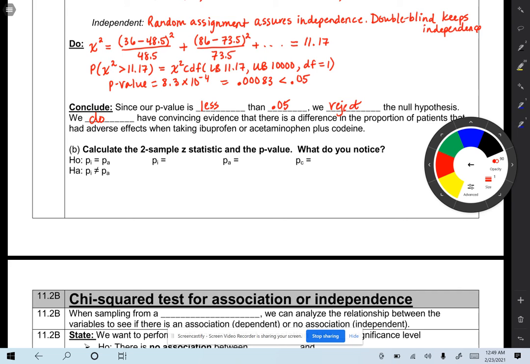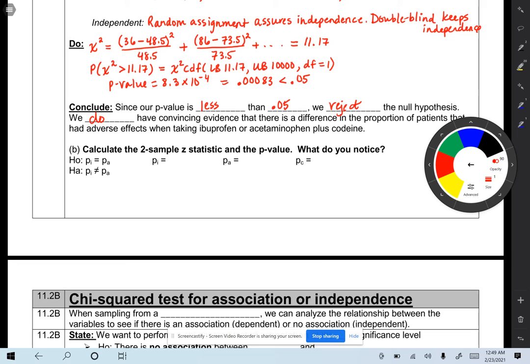We are actually, in part B, going to calculate the two-sample z statistic and the p-value, and this is what we did back in Unit 6. What do you notice? When we did a two-sample z statistic for differences, we listed the null and alternative hypotheses.